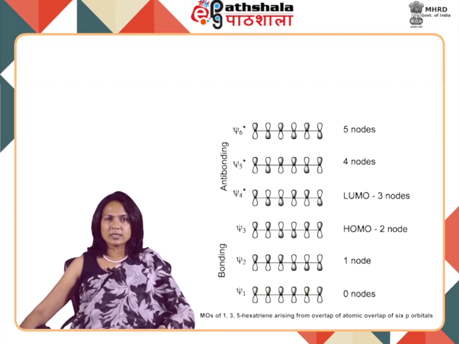As you can see, psi1 has 0 nodes, psi2 has 1 node, psi3 with 2 nodes is the HOMO, psi4 star is antibonding and it is the LUMO and it has 3 nodes, psi5 star has 4 nodes and psi6 star has 5 nodes.